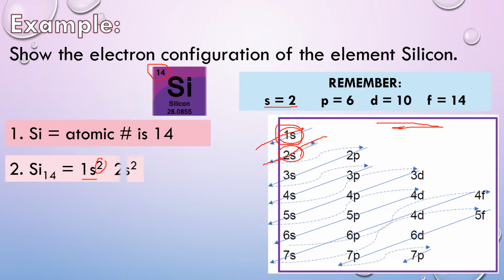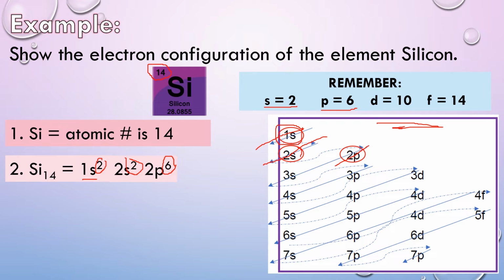So, we will write 2s, 2. Next sa 2s is the 2p. So, we will write 2p, 6, since 6 ang maximum number na mahuhold ng p sublevel.